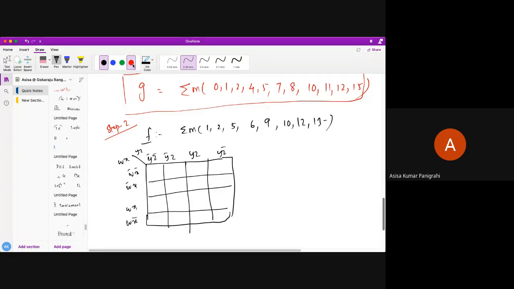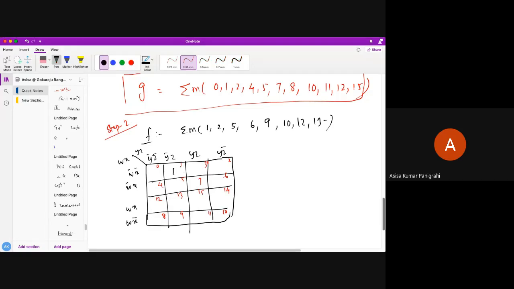Now the position values, we know that 0, 1, 2, 3, 4, 5, 6, 7, 8, 9, 10, 11, 12, 13, 14, and finally 15. So we can put those minterms over here.